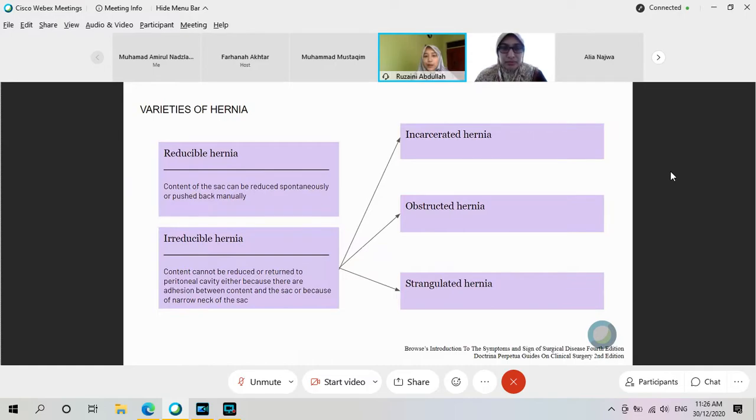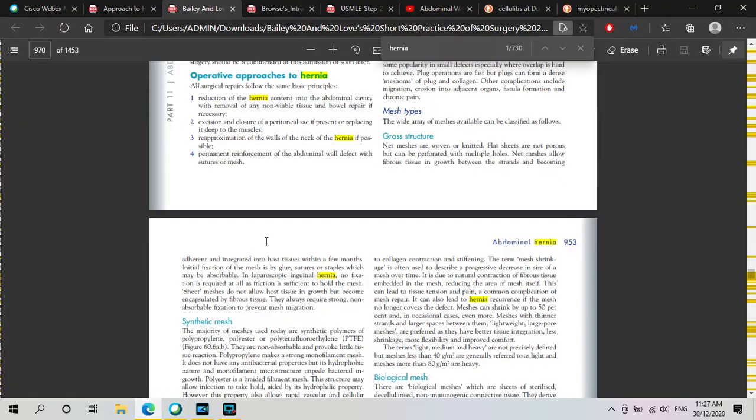Okay, so these are some varieties of hernia. In Bailey and Love, does it use varieties? I'm not sure whether it is Bailey or Browse, but I just referred to that. So what is this, Doctor? When you are presenting, you are supposed to do it properly.